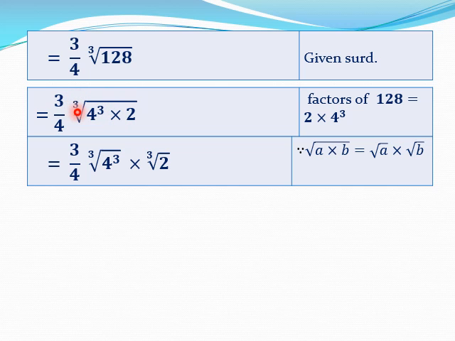We can separate them: under this radical sign, the product of these two numbers a and b, we can separate as root of a and root of b. So we separate these numbers, just like this: cube root of 4 raised to power 3 and cube root of 2.